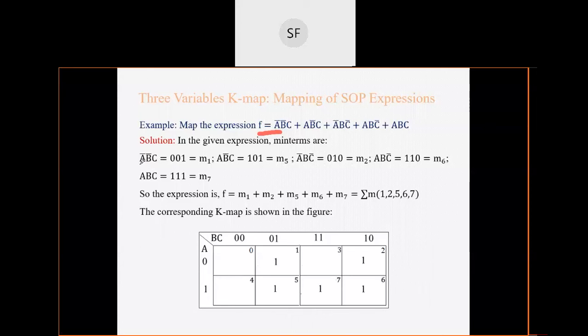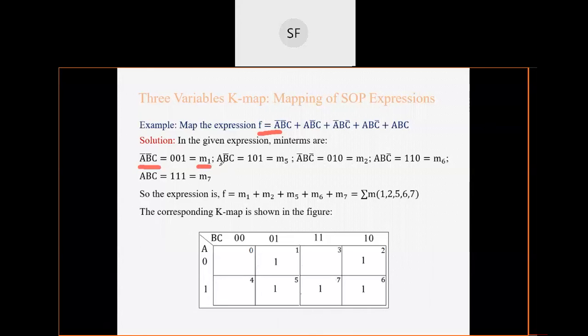Suppose I consider the first term, A bar B bar C. Since it is SOP, in place of complement you take 0, and where there is no bar you take 1. So A bar, B bar, C becomes 0 0 1, which is the decimal equivalent of 1. So minterm 1 is present.